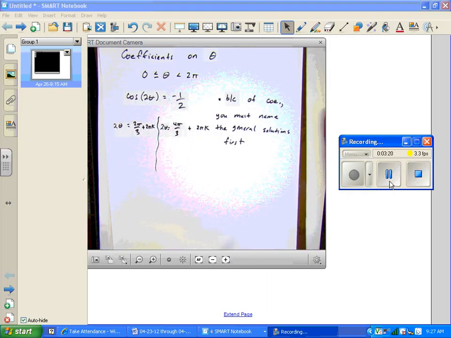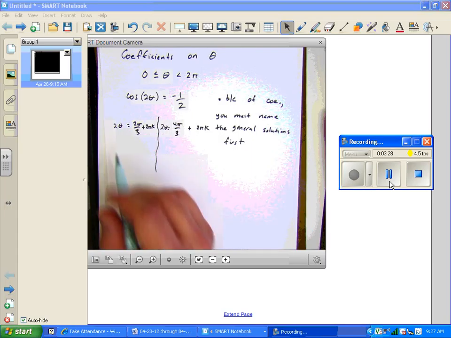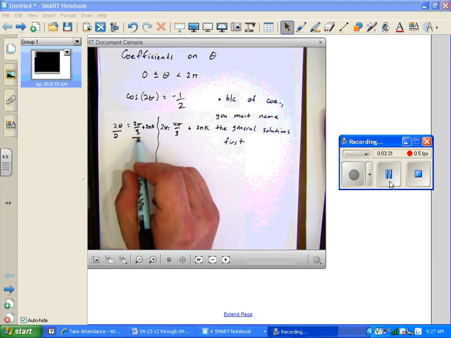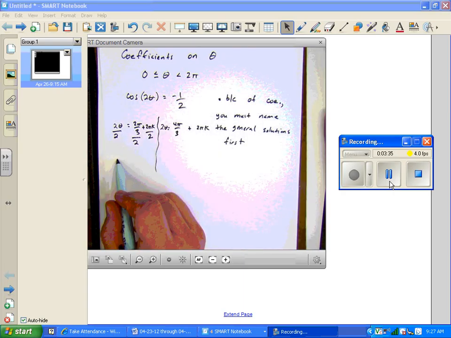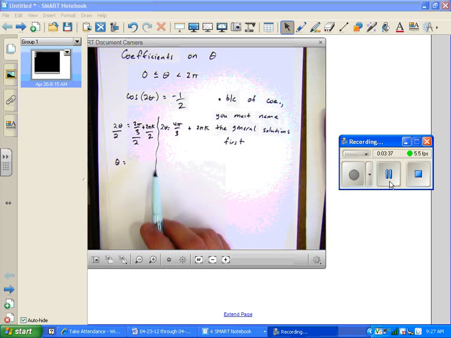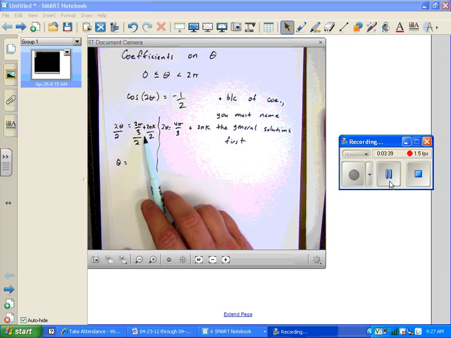Now, so now we really haven't solved it yet. Even if we were only finding a general solution, we're still not done. What else needs to happen? Right, you need to divide the 2, so we've got to divide the 2 out. All right, so that gives me theta equals. Now there's a trick here of dividing a fraction by 2.